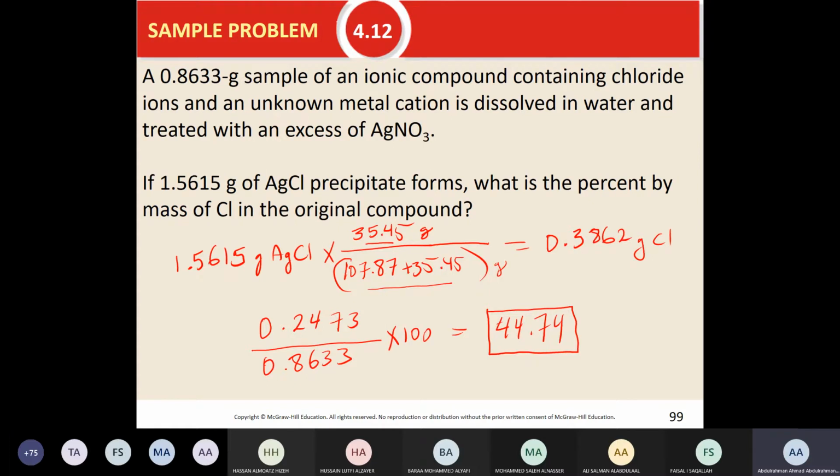All right, and this one is also wrong. The right answer is 44.74. How come we have a wrong number and the correct answer?